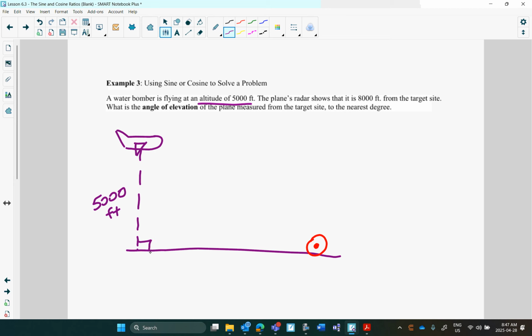So notice we've got two sides of a right triangle between the water bomber and the target site. Where do you think the third side would go to make the right triangle? Yeah, you slant it. There's your right triangle.